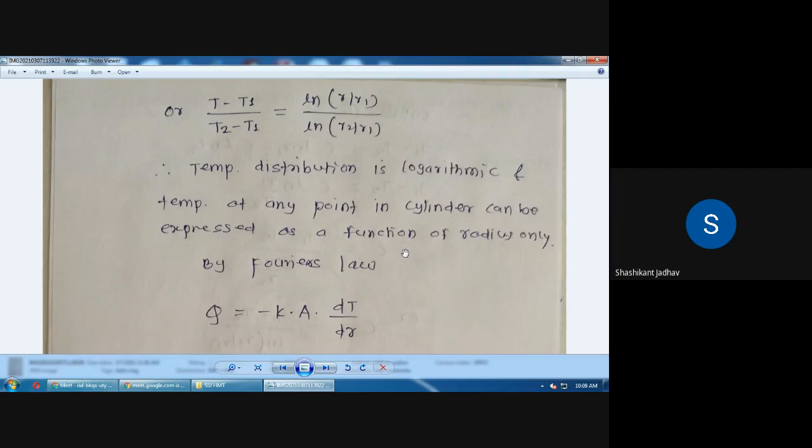We know that Fourier's law of heat conduction, that is Q is equal to minus K into A into dt by dx. Dt by dx is nothing but thickness. But in this case, what is the thickness? Thickness in the direction of radius.